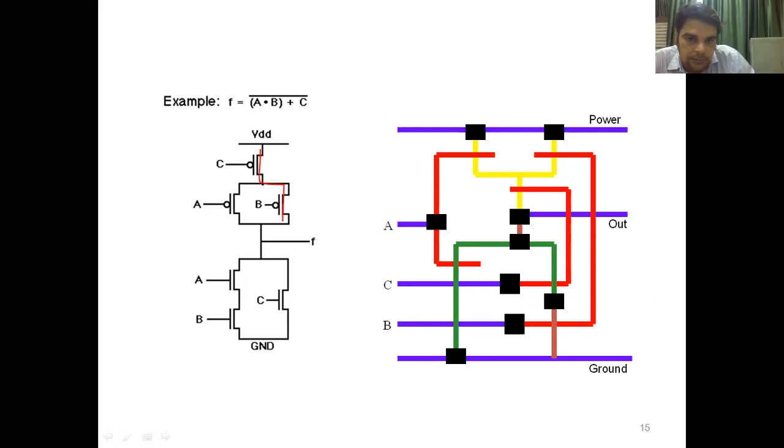Then I will draw the N diffusion line, sorry, polysilicon gate I will draw. So I will draw these polysilicon gates, like this.